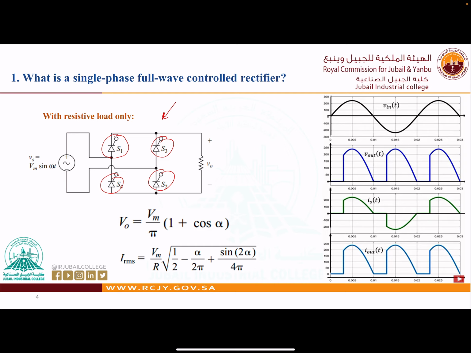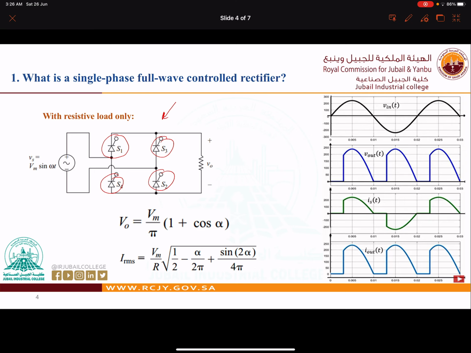We number them according to their operation time. Now, let me just remind you with the operation here.